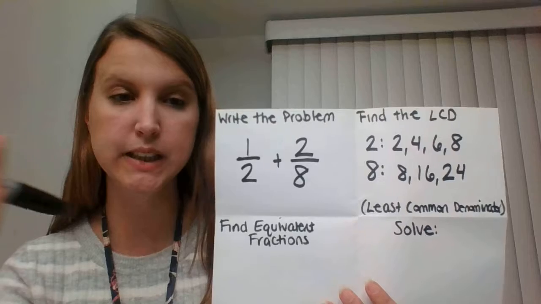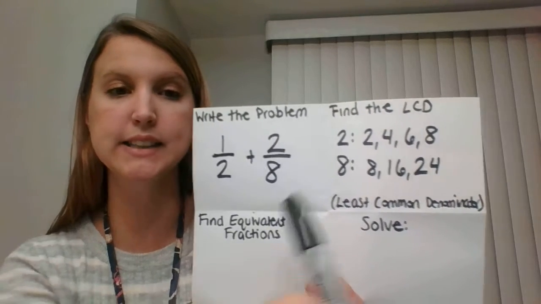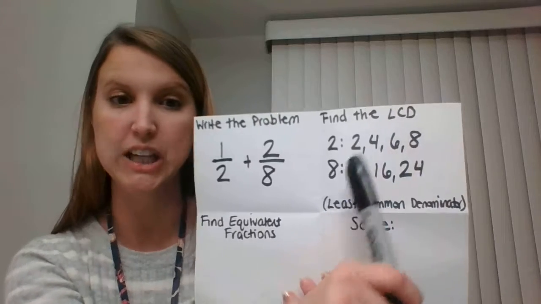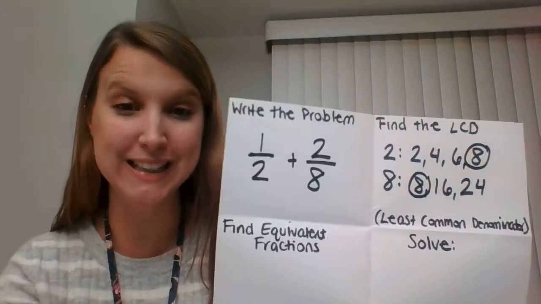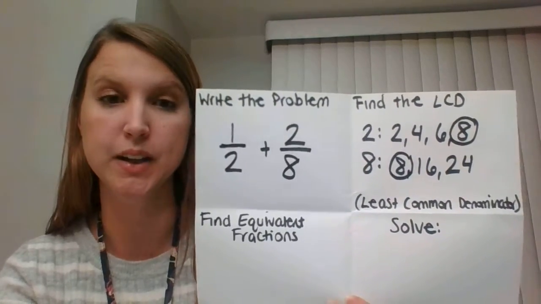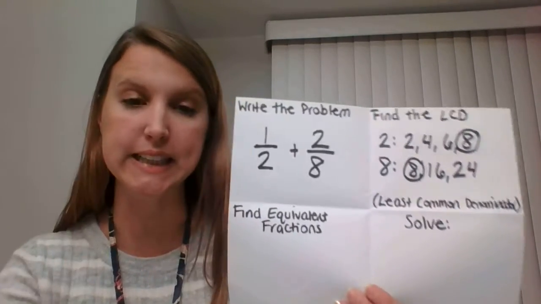All right, so I've got my list here of my multiples, and I can see that the first multiple they both have in common is 8. So 8 is actually my least common multiple, but for this process, it's also my least common denominator. So I went ahead and I circled 8. So 8 is my LCD.